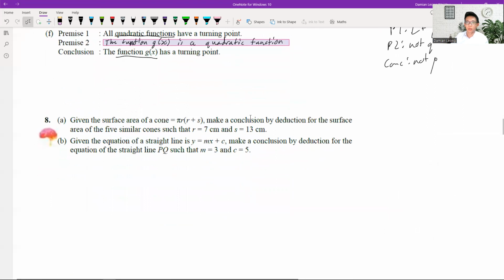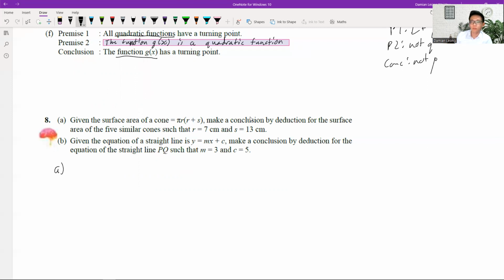Then we look at question 8. Given that the surface area of a cone is pi r bracket r plus s, make a conclusion by deduction for the surface area of the 5 similar cones such that r is 7 cm and s is 13 cm.